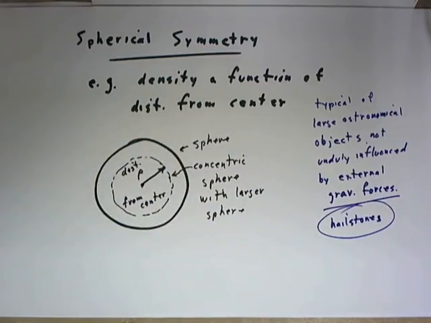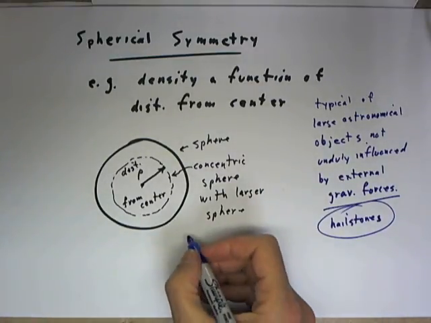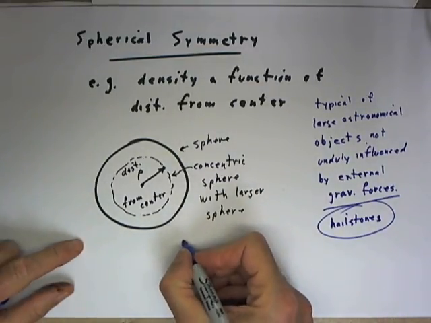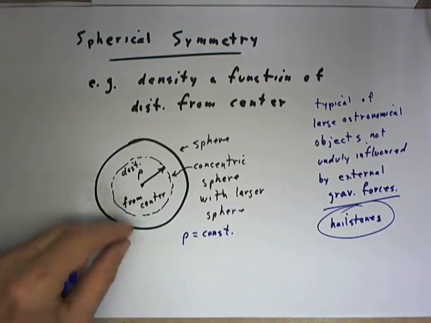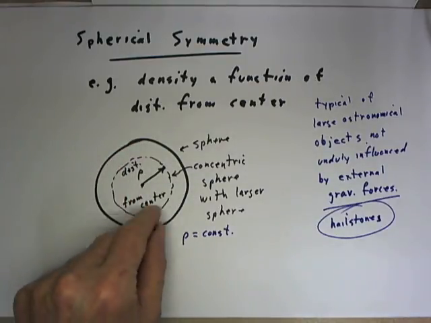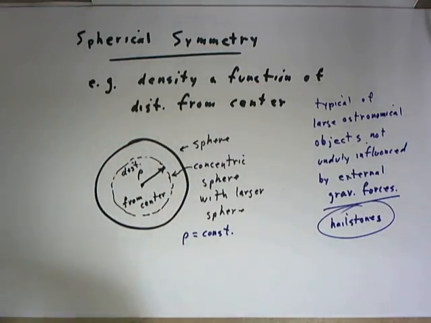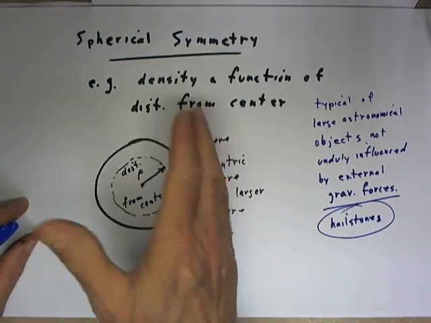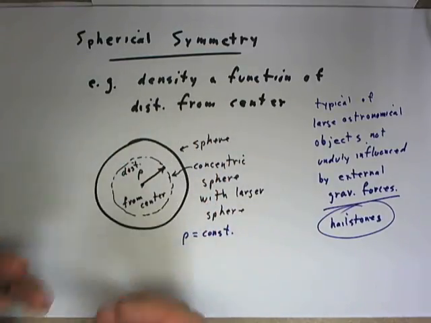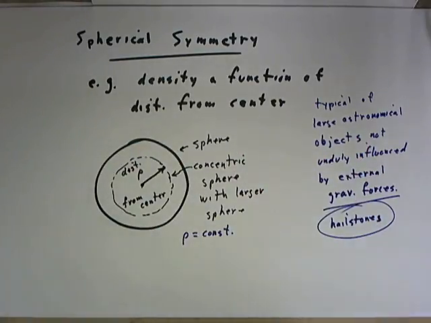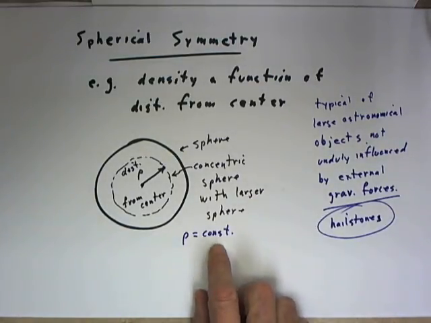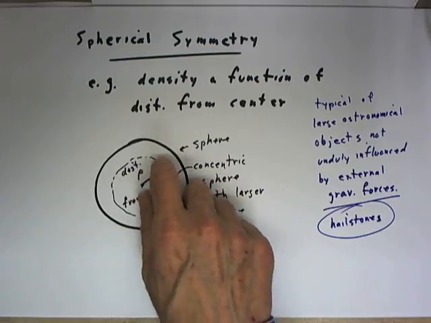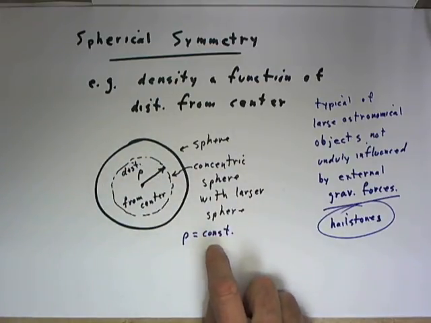Then this concentric sphere would be characterized by rho equals constant. Whatever this distance is, it's constant over the sphere. And of course that sphere isn't just in this plane, it rounds out this way and so forth. It makes a ball within a ball. All the points at whatever this constant distance is from the center lie on that sphere.